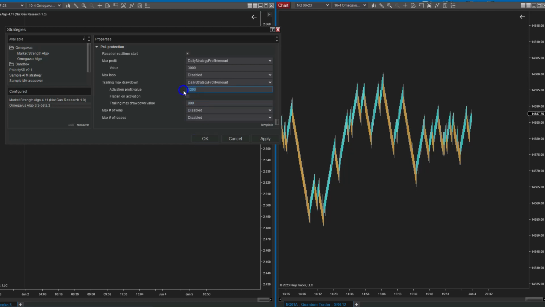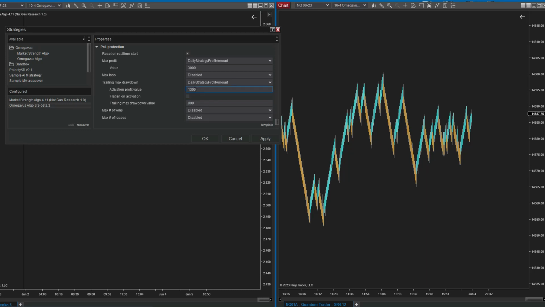You can say, hey, 1,300 to be specific. And once you have 1,300, let's say that it stopped at 1,300 and he gives back 800 bucks, it will close you with 500 profit.